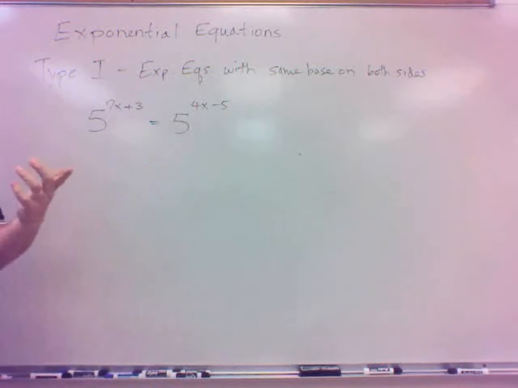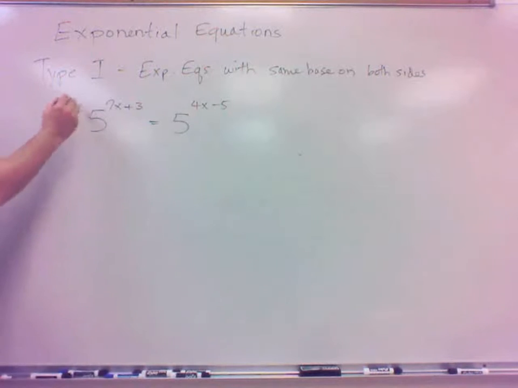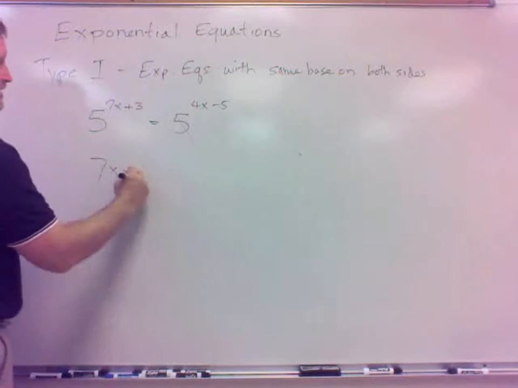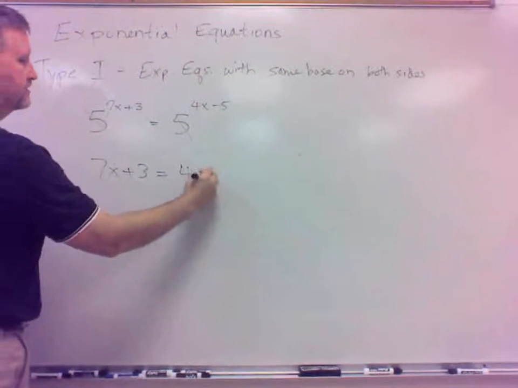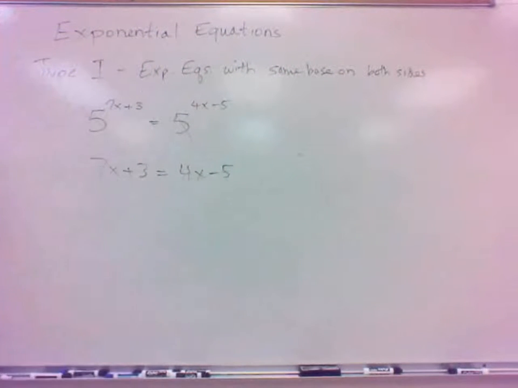The reason these are so nice is because to solve these, all you have to do is cancel the bases out. The bases cancel, and you wind up with 7x plus 3 equals 4x minus 5. And that's a pretty nice little equation. That's just solving a linear equation, get x by itself.